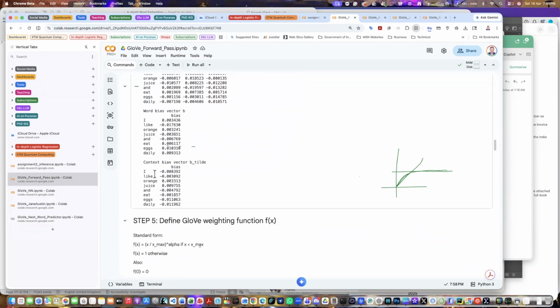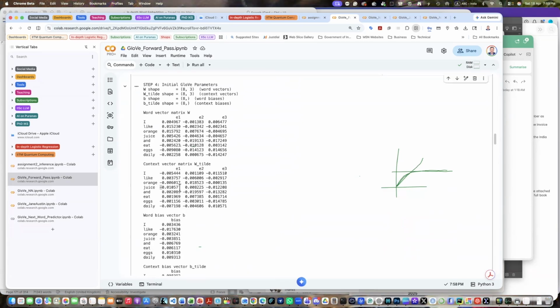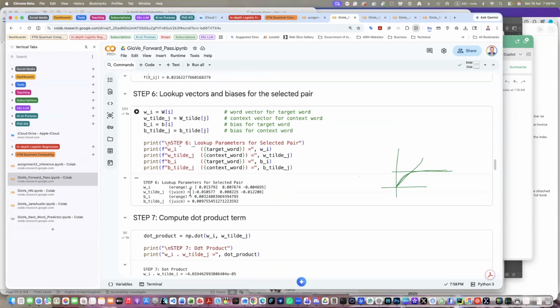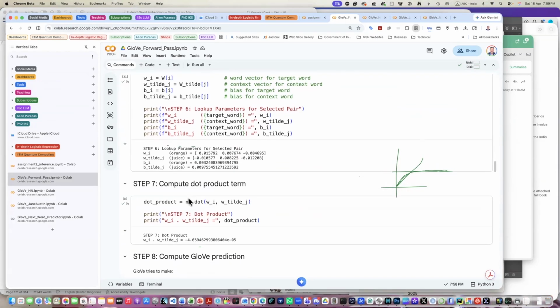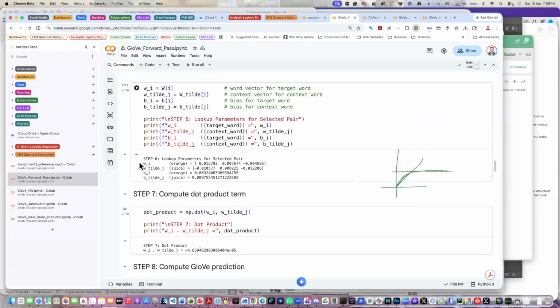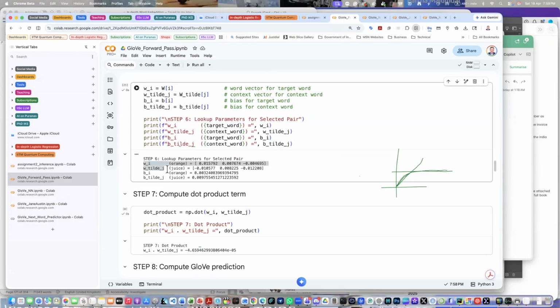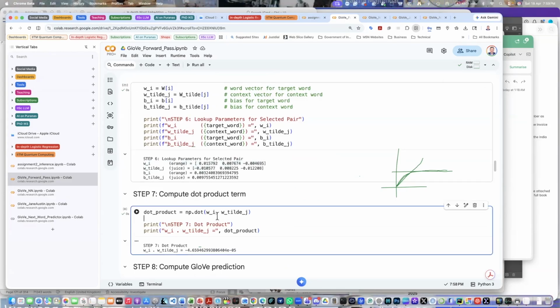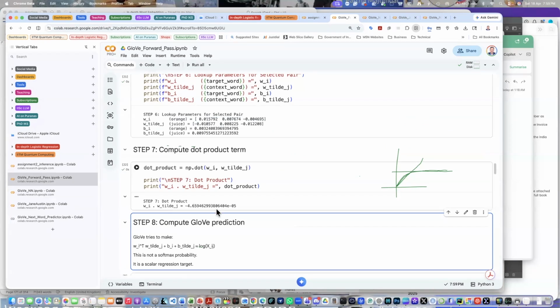In the W tilde matrix of juice, this is the vector which I get. Once I have these two vectors, I take a dot product of Wi and W tilde j, and that gives me a single value.